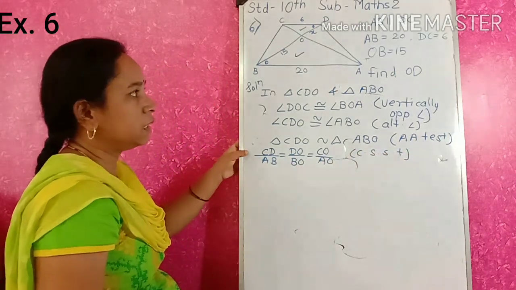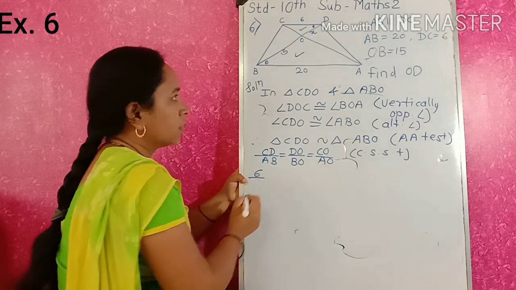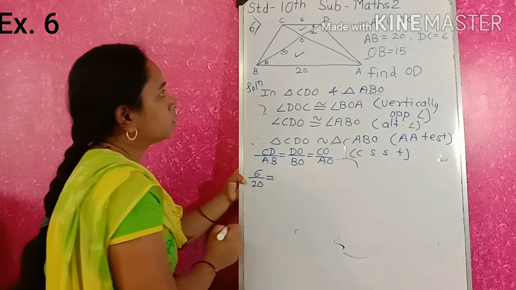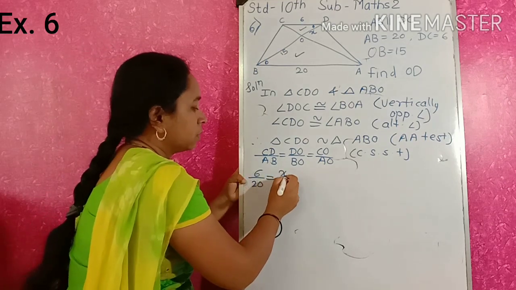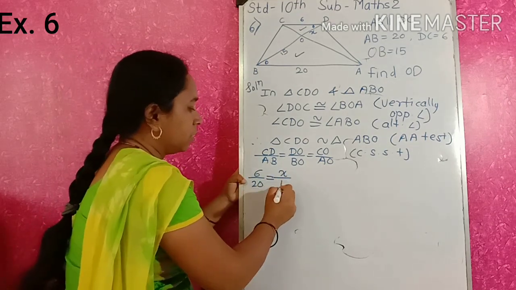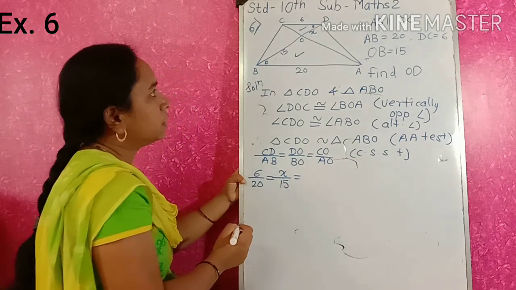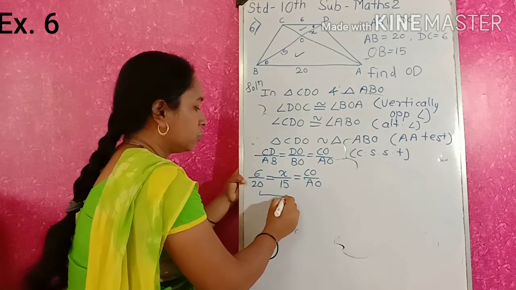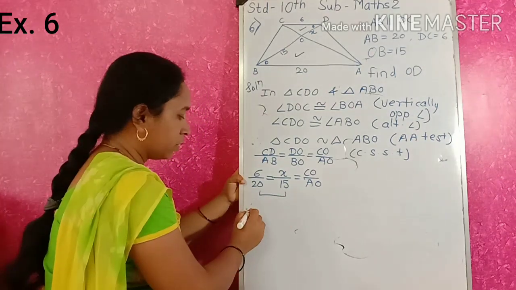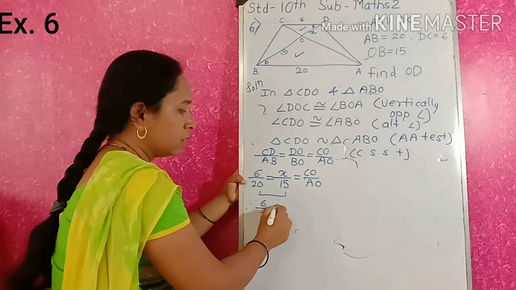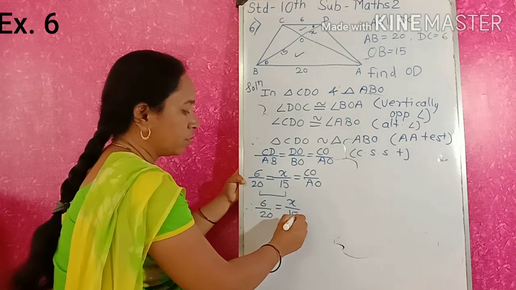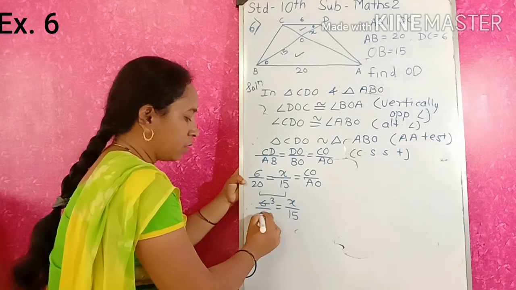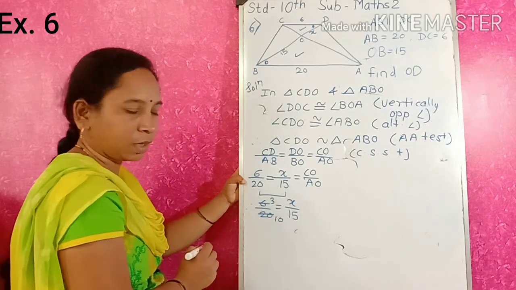Put the values. CD is given 6, AB is given 20, is equal to DO which is X, BO is 15, CO as it is and AO as it is. I am going to choose these two. So therefore 6 upon 20 is equal to X upon 15. These two are divisible by 2. 2 3s are 6, 2 10s are 20.